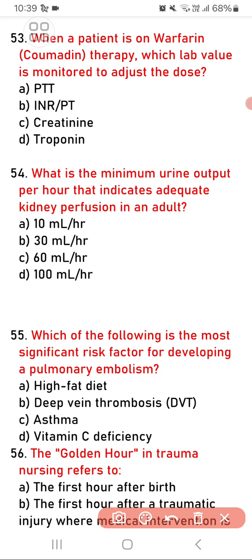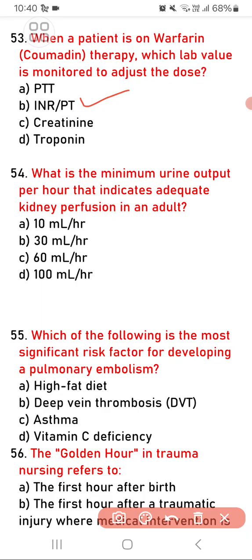When a patient is on warfarin Coumadin therapy, which lab value is monitored to adjust the dose? INR, PT.